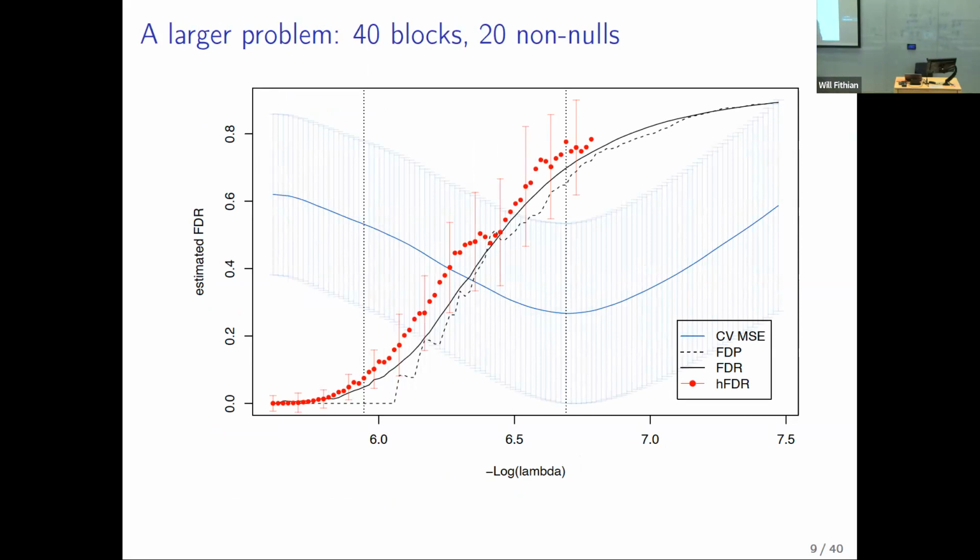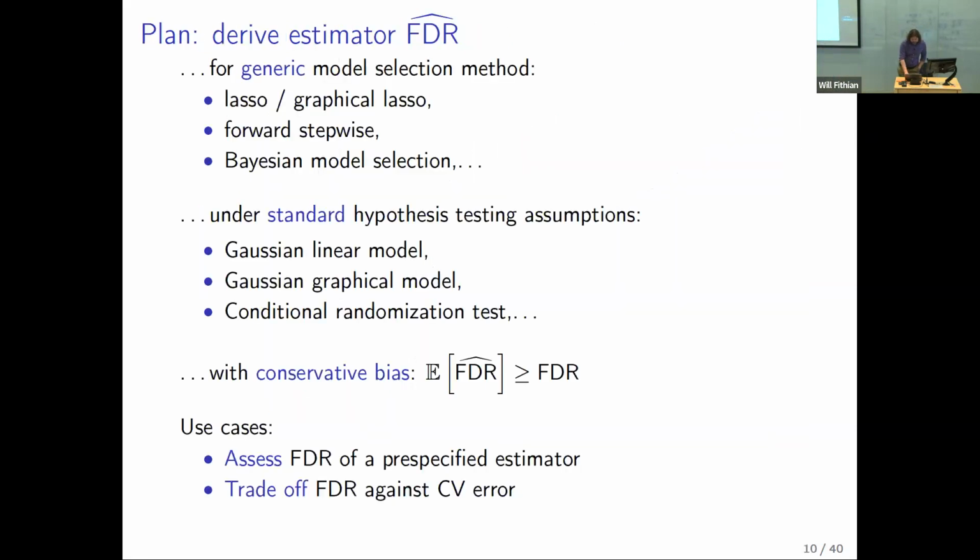But if we look at the FDR curve as well, then we might say, maybe we should choose a smaller model that has a small false discovery rate and whose cross-validation error is not that much larger. So we could informally trade off false discovery rate against the cross-validation error. Or we could actually tune the method to target a particular FDR that we have in mind. Depends on the goals of the analysis.